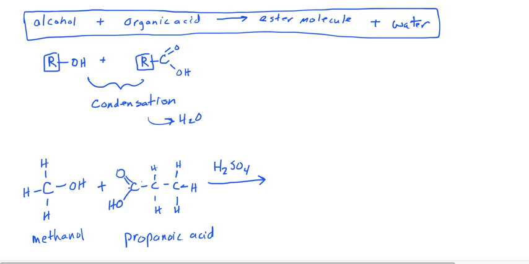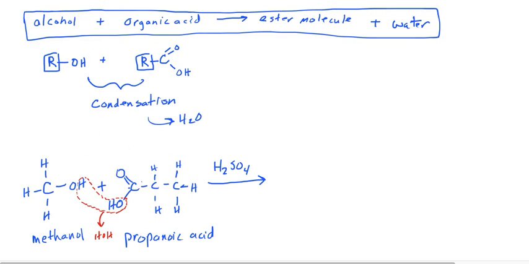So now you should see this looks very much like something that we talked about before with the condensation reaction. And right there's your H2O, and water is going to come out of the reaction.